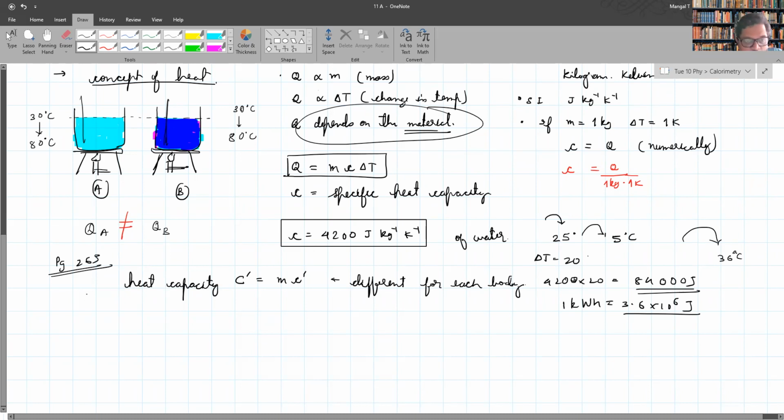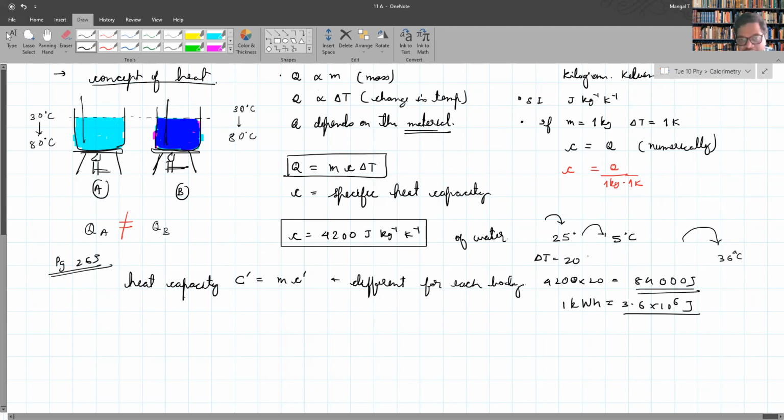If you are talking about a car engine, that has a specific mass. Therefore the manufacturer will consider the engine, and talk in terms of after how long the car will get heated. The engine is different for different types of cars, so the time will be different. So rather than talking about specific heat capacity, they talk about heat capacity, which takes into account the mass of the engine.